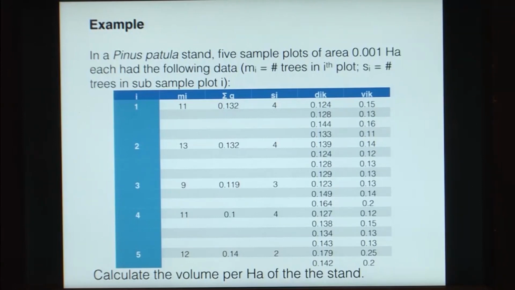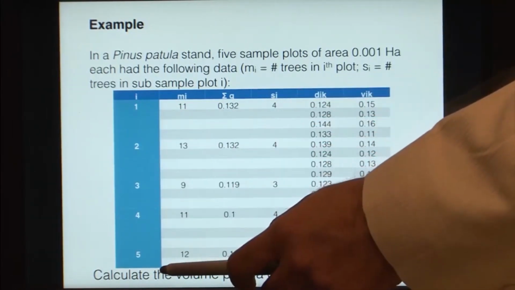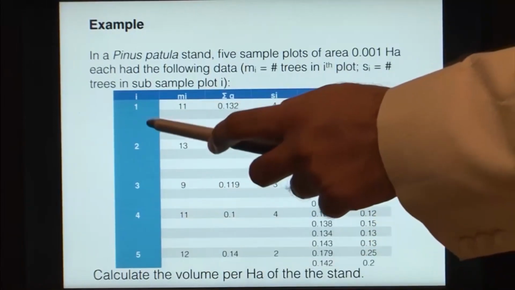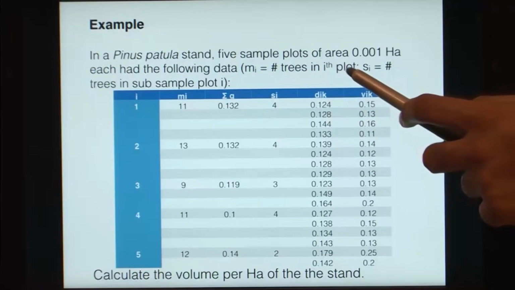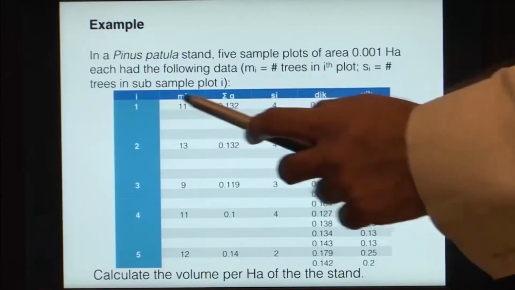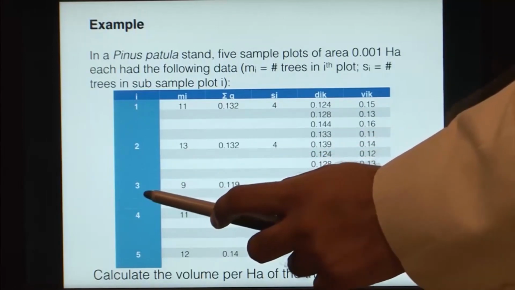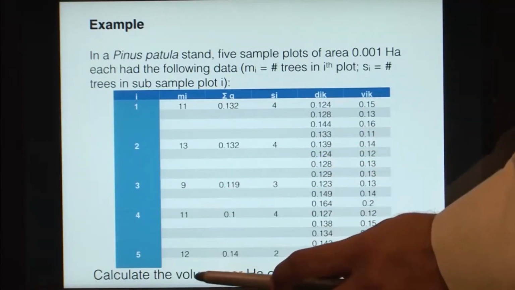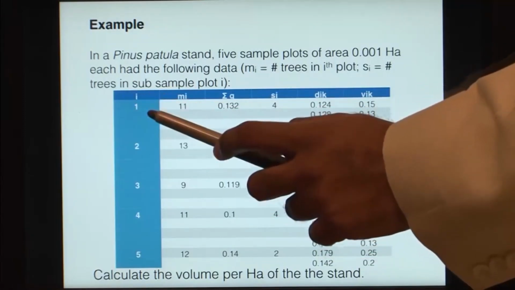Here we have 5 sample plots 1, 2, 3, 4 and 5. In each sample plot, Mi is the number of trees in the ith sample plot. In the first sample plot we have 11 trees, in the second sample plot we have 13 trees, in the third sample plot we have 9 trees and so on. This tells us the number of trees in this sample plot.